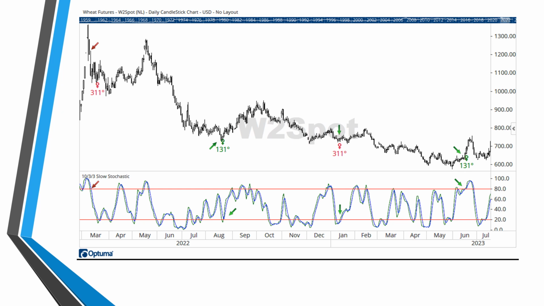January of 2023, Venus 311 degrees. Wheat is kind of bumping along in a sideways to down manner. You know you've got this Venus 311 point coming. You're not quite sure what it means. Stochastic tells you. Stochastic was below its lower bound. It made a V bottom and it hooked up and crossed over.